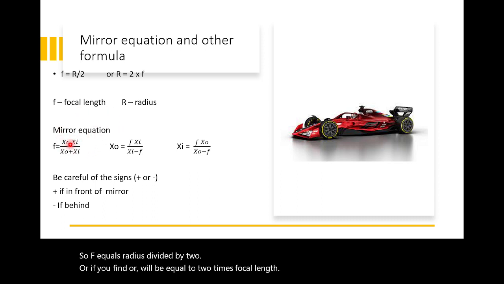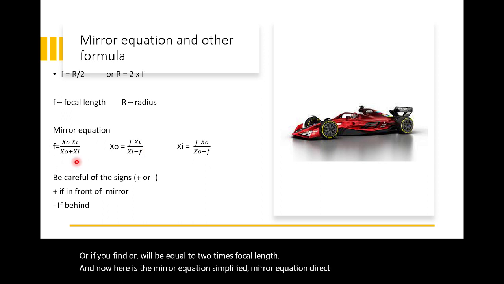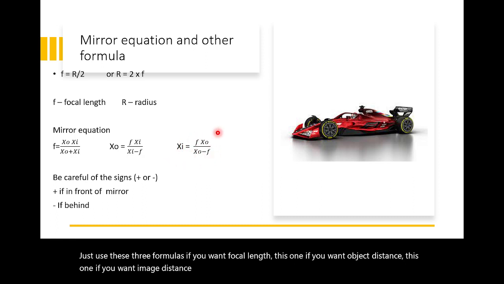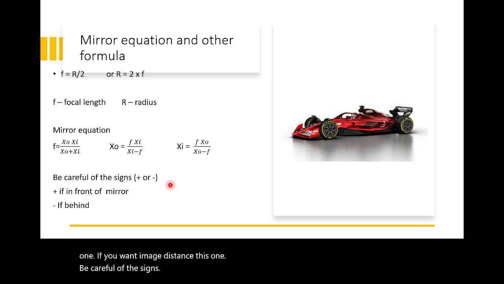And now here is the mirror equation, simplified, direct. Just use these three formulas. If you want focal length, this one. If you want object distance, this one. If you want image distance, this one. Be careful of the signs, plus or minus. Always take plus if it is in front of the mirror and minus if it is behind the mirror.